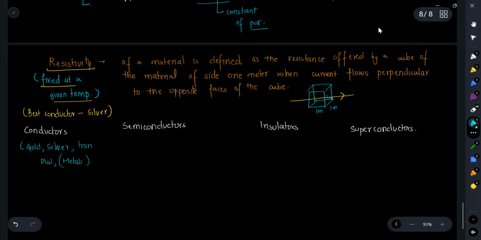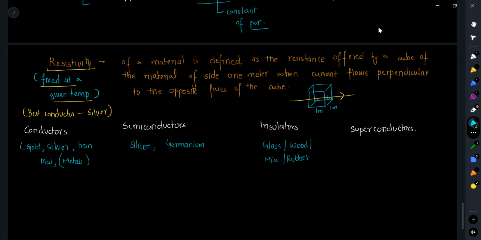Then semiconductors we have silicon, we have germanium. Insulators we have glass, then wood, then mica, whatever it's called, rubber, hard rubber, quartz and stuff.